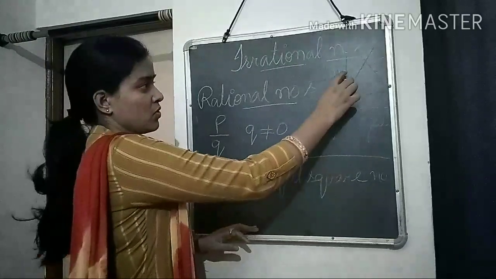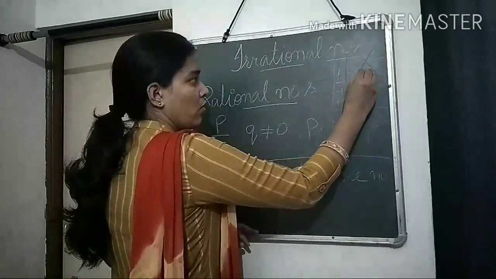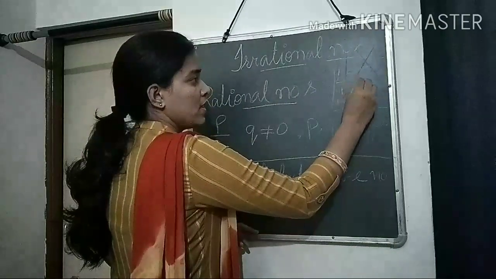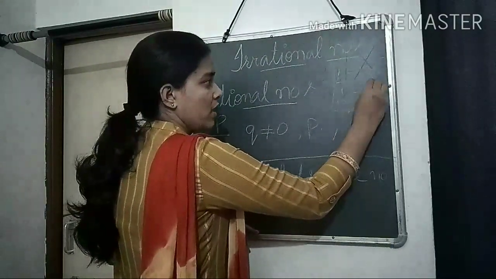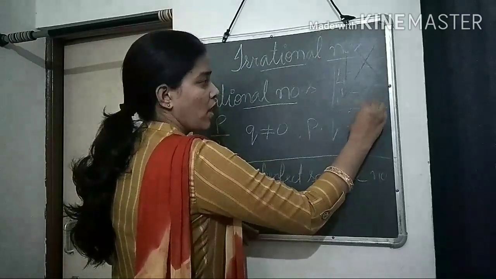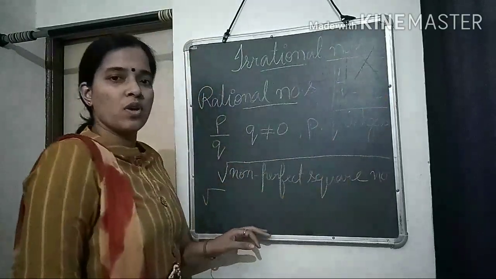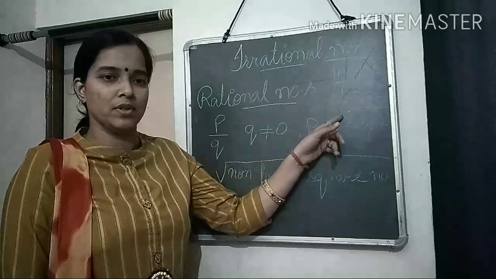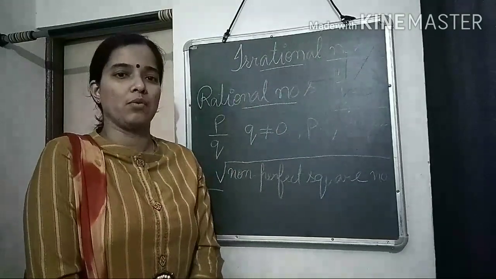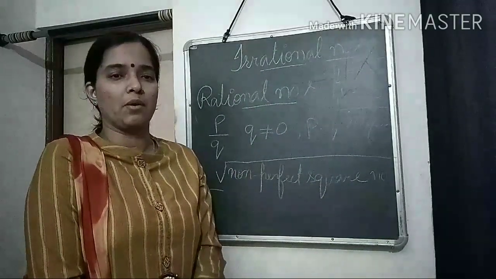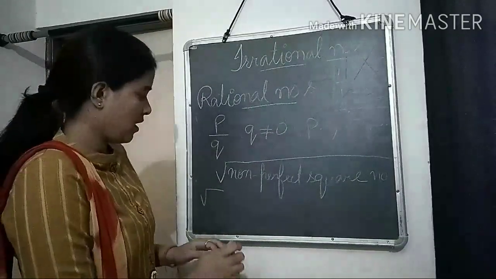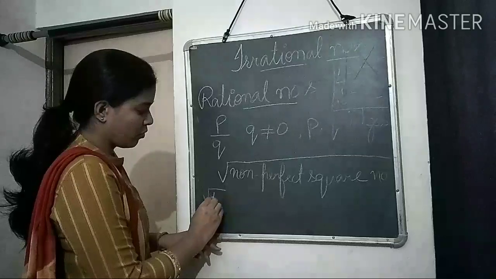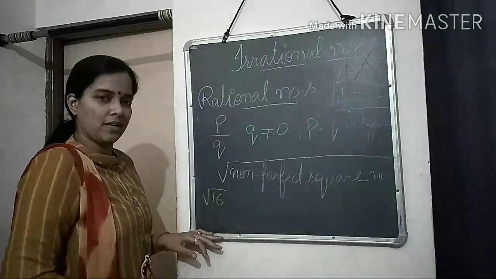Why? Because 1 is the square of 1, 4 is the square of 2, 9 is the square of 3 and 16 is the square of 4. So if any square number comes under the square root, it will come out of the square root and become the number whose square it is. Suppose there is under root 16.